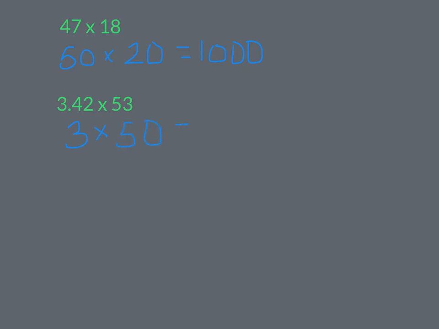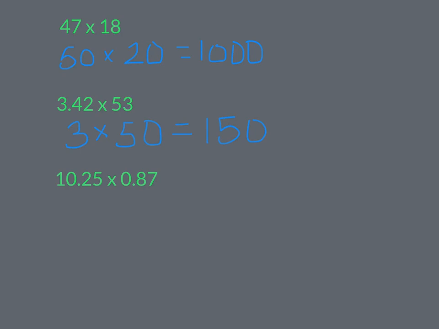So 3 times 50 equals 150. Now, since we rounded both factors down, the actual product will be greater than 150, but our estimate is 150.